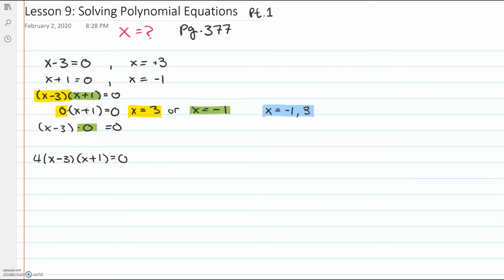It doesn't, because I'm still looking for the same thing. If x minus 3 was my 0 term, then it's 4 times 0 times x plus 1, and x equals positive 3. Or if x plus 1 was my 0 term, then I have 4 times x minus 3 times 0 equals 0, and x equals minus 1. So this doesn't change the values. X still equals minus 1, 3.